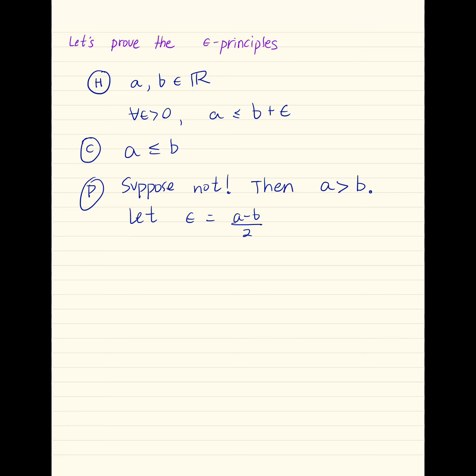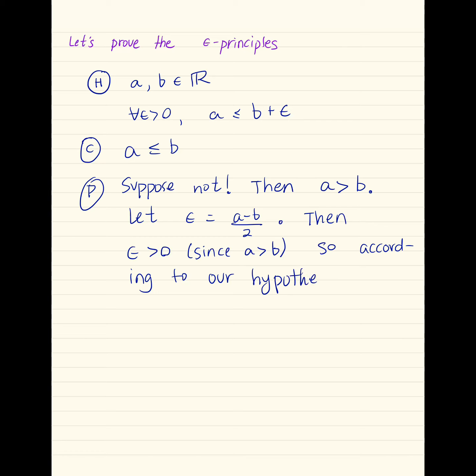And now we're going to say epsilon is greater than 0. Why is epsilon greater than 0? Since A is bigger than B. So, according to our hypothesis, A is less than or equal to B plus epsilon.